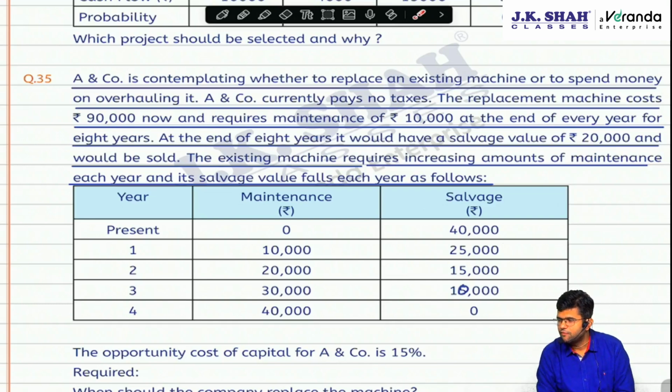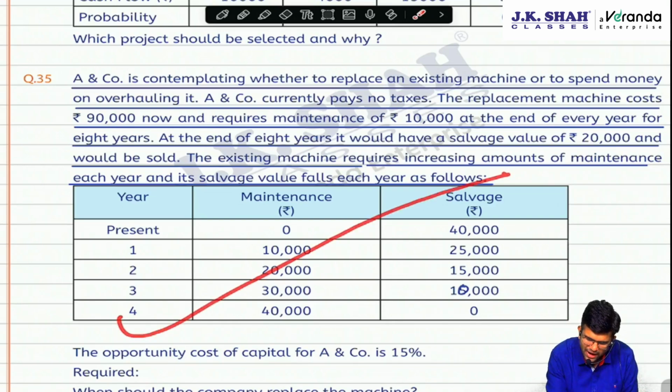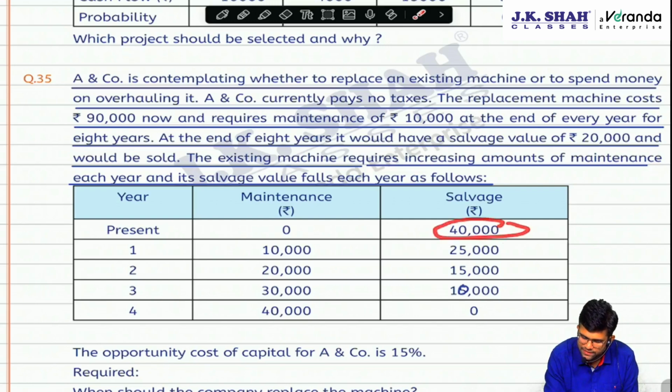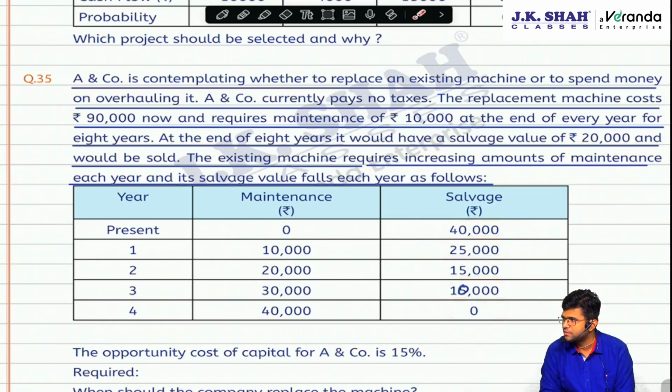Now, when you exit this machine and then buy this, how many options do you have? You have got so many options. Either I can replace it today only, or I can replace after 1 year, or after 2 years, or after 3 years, or after 4 years. Everybody clear till here? You are understanding, everyone? Okay.